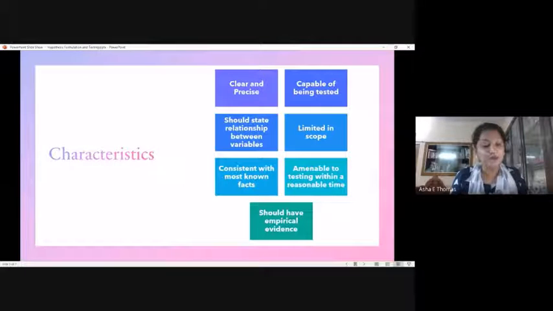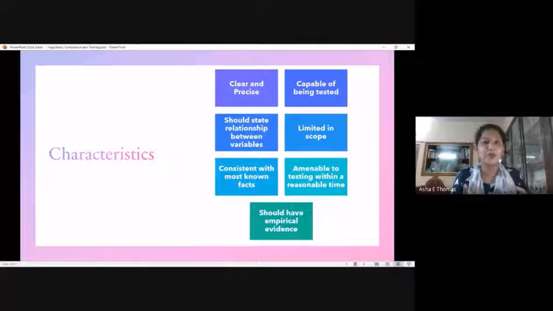In some cases, some of my students approach me with many variables and say that, okay, this is what we want to include in our hypothesis. But unfortunately, what is happening over there is they are not able to relate these variables to each other. If you cannot relate 2 variables to each other, there is no possibility of testing. You cannot test it, you cannot validate it, and you cannot come to some meaningful conclusions.